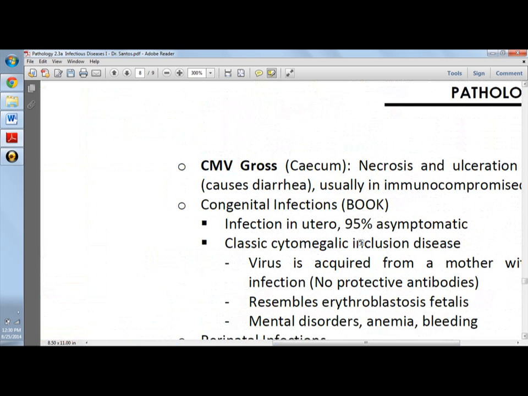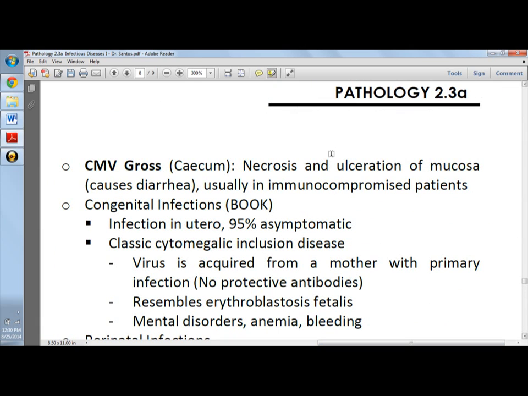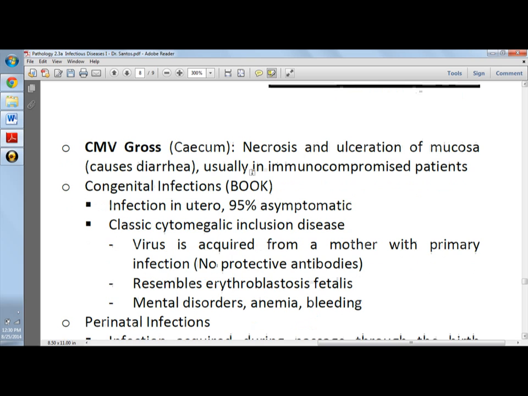So when you inspect it grossly, the cecum would present with necrosis and ulceration of the mucosa, leading to diarrhea, usually in immunocompromised patients.